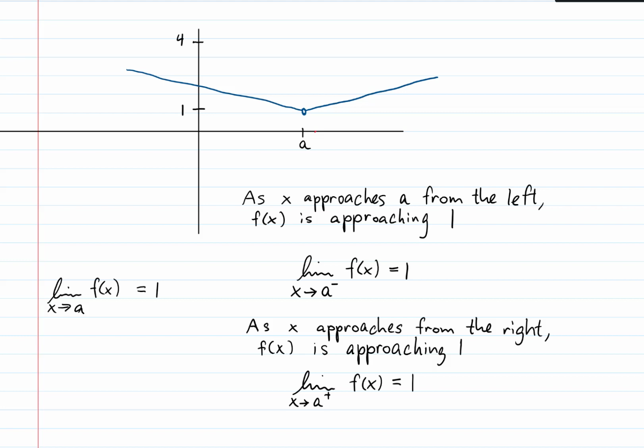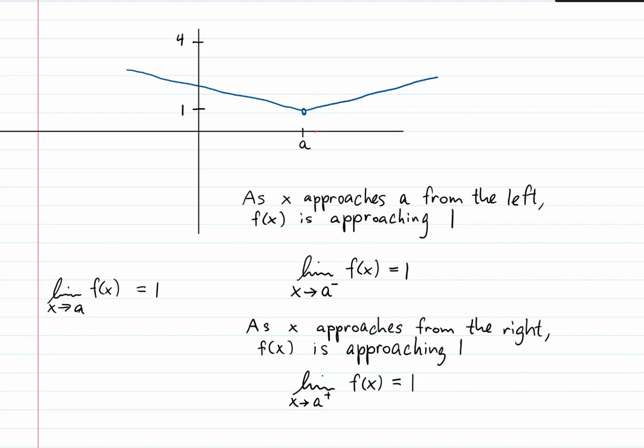So do you see something here, a relationship between a limit and the two one-sided limits? It's that if the domain contains values on both sides of a, then in order for there to be a limit as x approaches a, the limit from the left and the limit from the right would have to equal each other. They would both have to exist and equal each other. Okay?